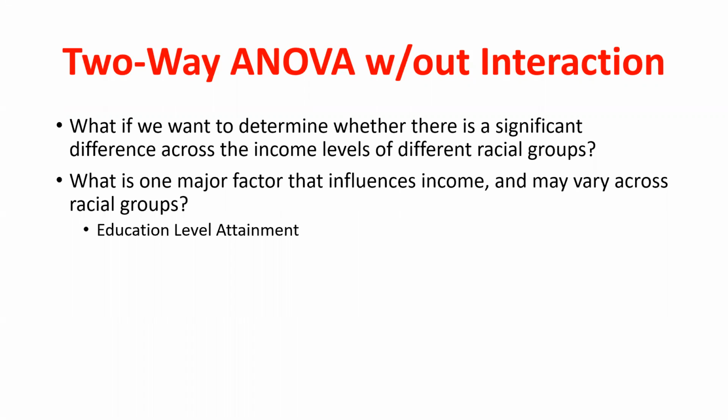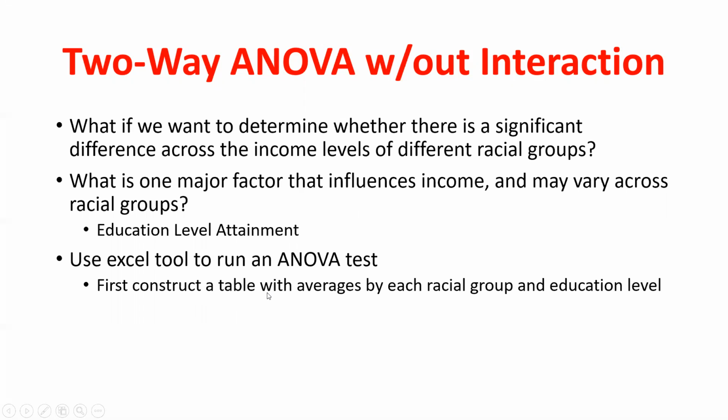Is there variation if I'm only looking at high school degrees, or even high school dropouts? So I'm able to hold constant this other factor, which I think is also important in affecting income. So I can use Excel to run a two-way ANOVA, and we call this one without interaction.